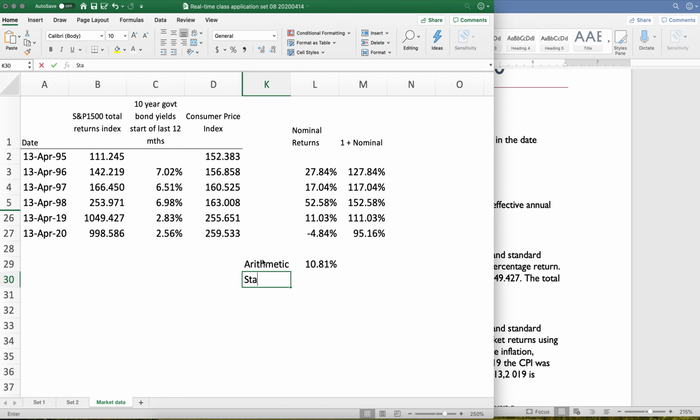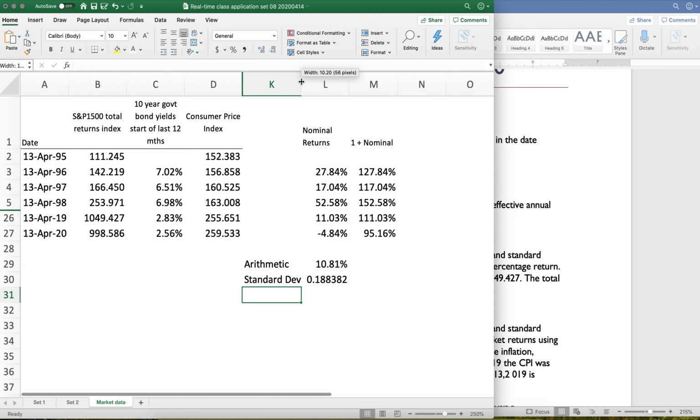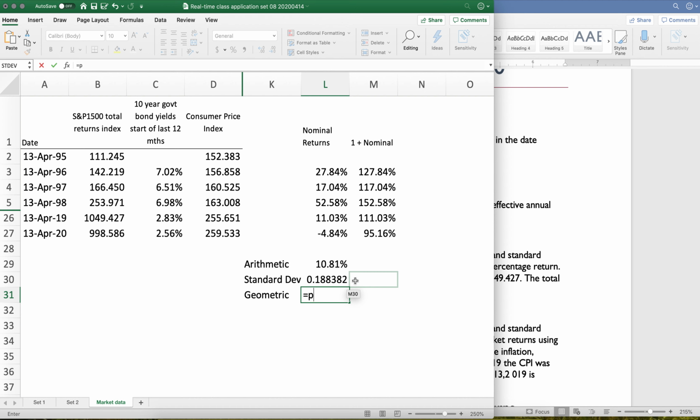The standard deviation is just going to be STDEV. And then the geometric, we can use the product of the 1 plus all of these, and we're going to have to do some changes, but let's go ahead and get that.